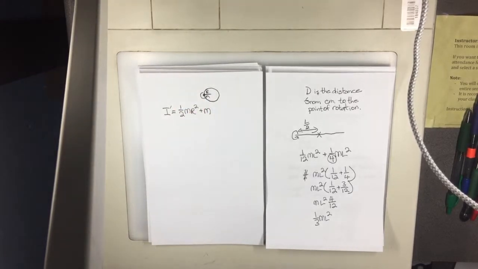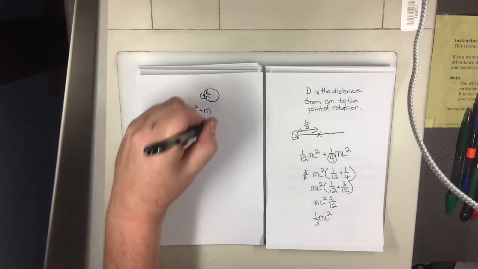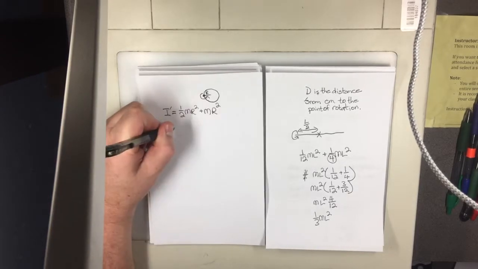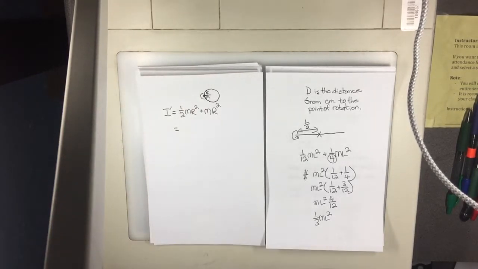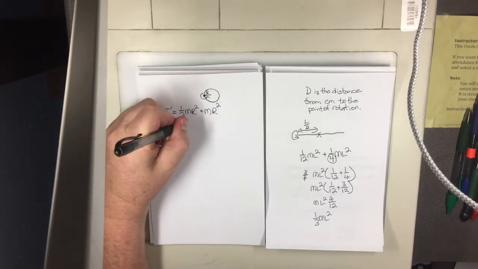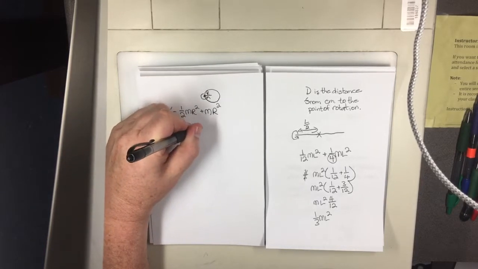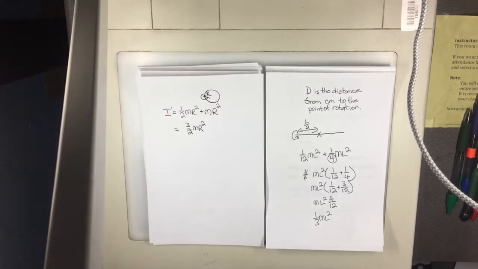Well, what is d in this case? What is the distance from the center of mass of the disk to the rotation point? It's the radius. That's all it is. So the moment of inertia of a disk rotating about its edge is 3/2 mr squared. And so with the parallel axis theorem, you can calculate moments of inertia fairly quickly once you understand what that D represents.